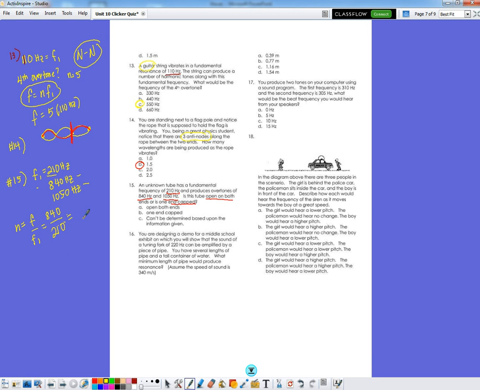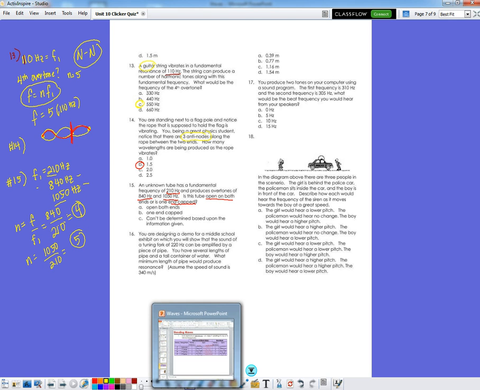And this one will give you 4. Okay, the next one. For the 1050, you have 1050 Hz divided by 210 Hz. If you divide this, you're going to get 5. So if you see, you have 4 and then 5.